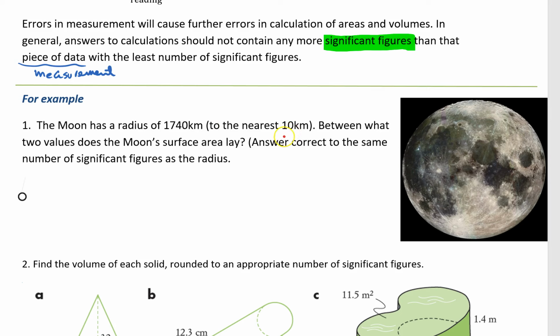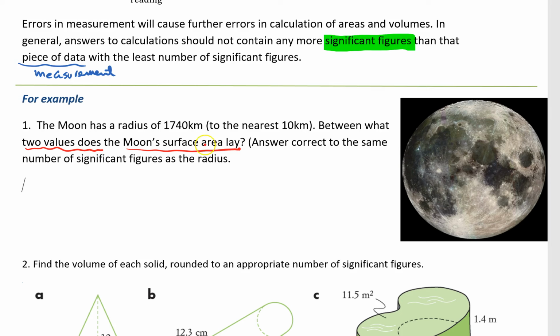And even that piece of information is making you sort of think, should we be doing something with absolute error? Between what two values does the moon's surface area lie?